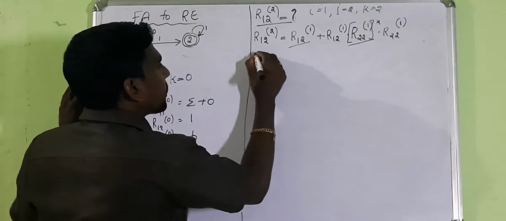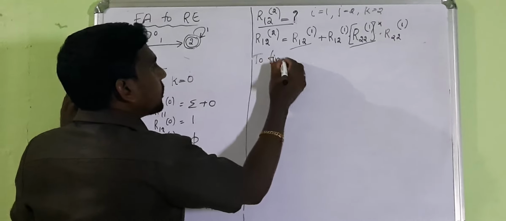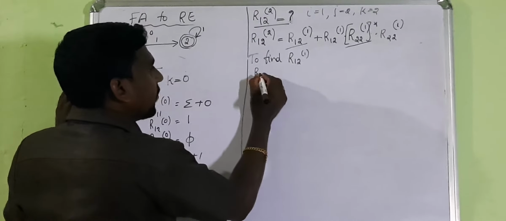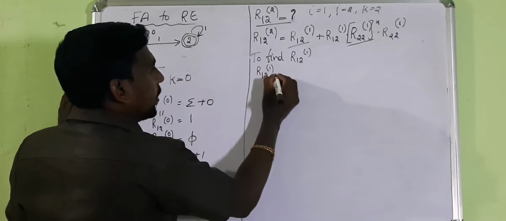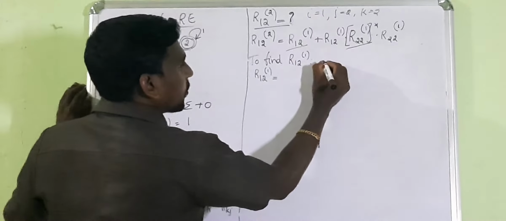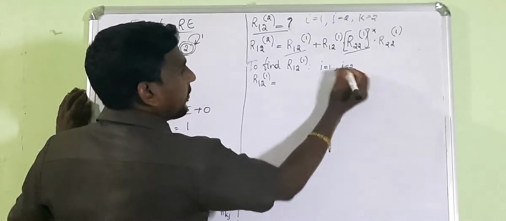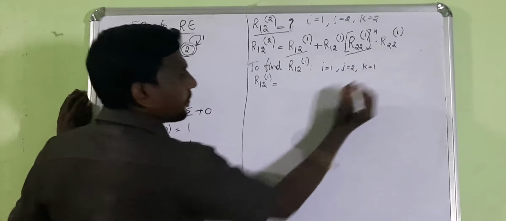To find R12 power 1, once again I apply the formula. What is the I value? I equal to 1. J value, J equal to 2. K value, K equal to 1. Clear?